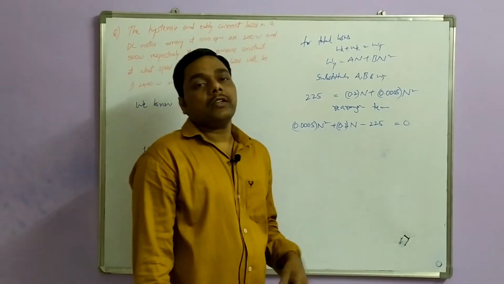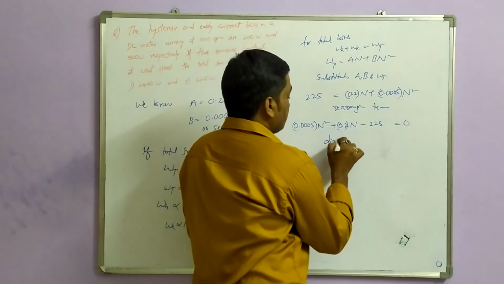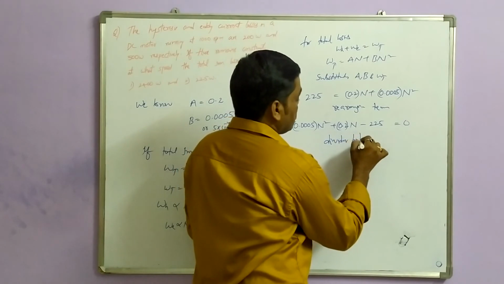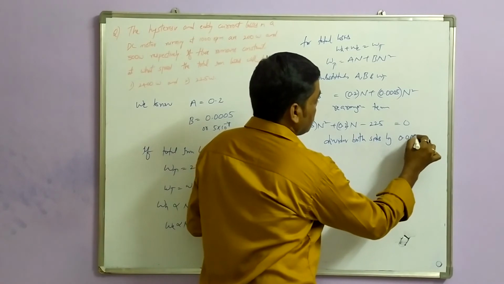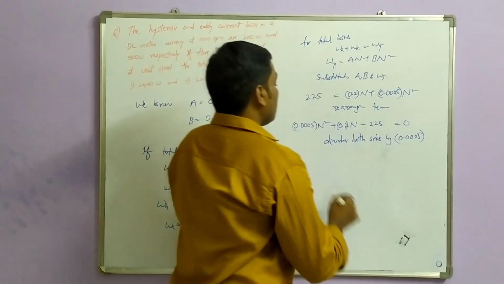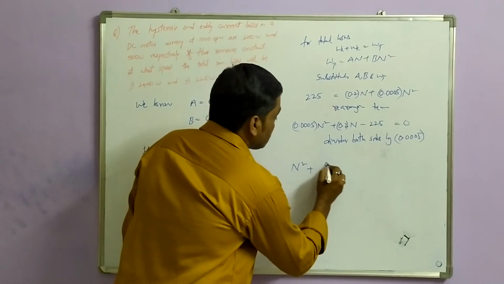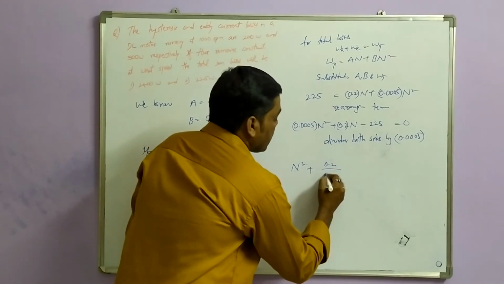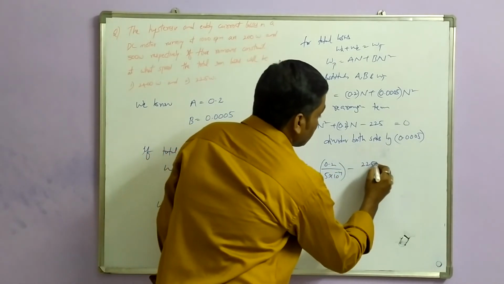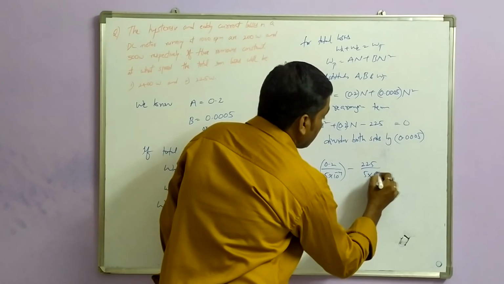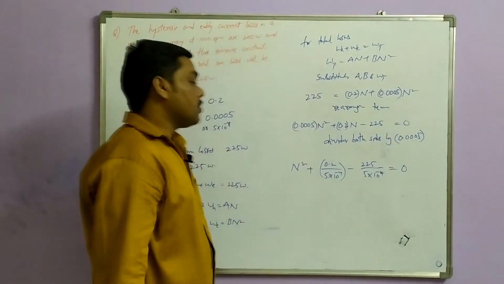Now we will calculate the roots, but simply we make that easier by dividing both sides by 0.0005. Now what will you get if you divide both sides? n square plus 0.2 by 5 into 10 power minus 4, minus 225 by 5 into 10 power minus 4, equal to 0.